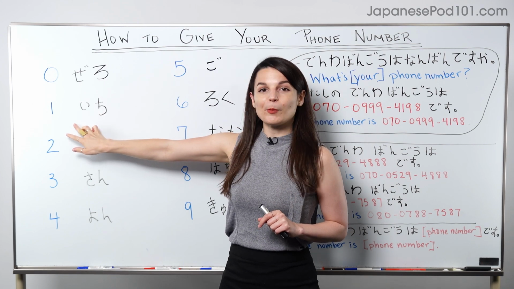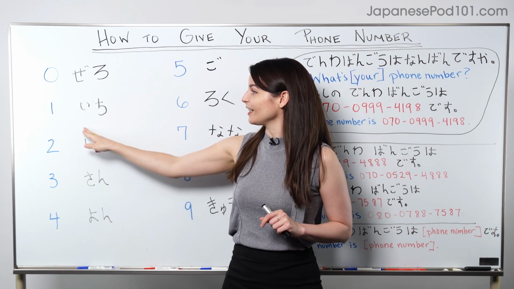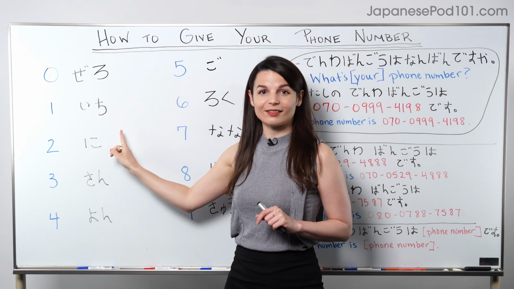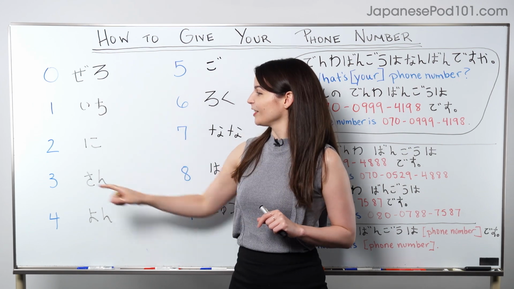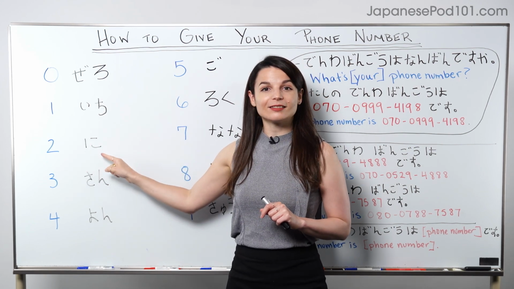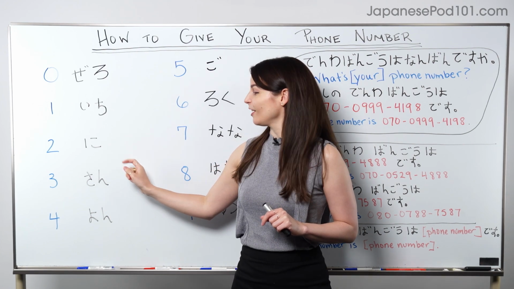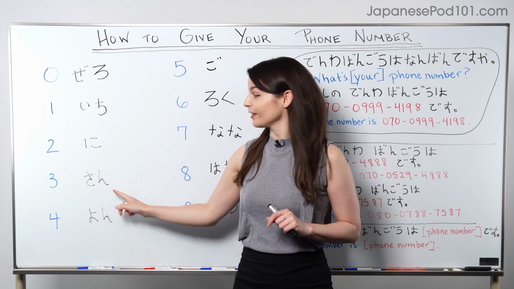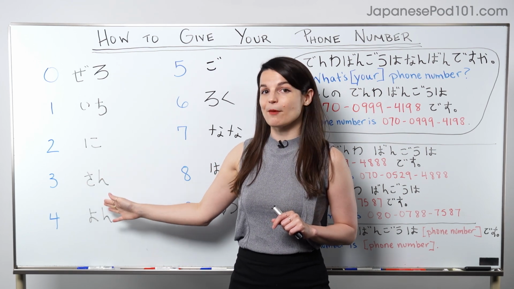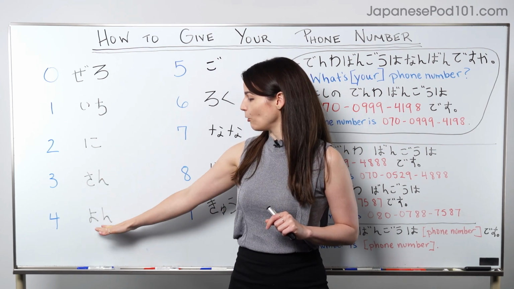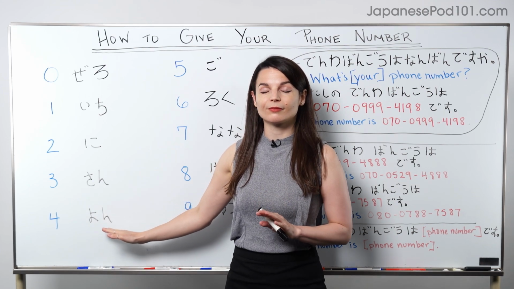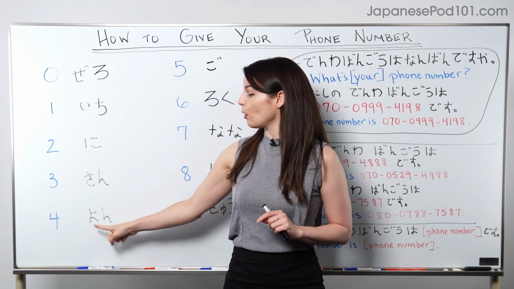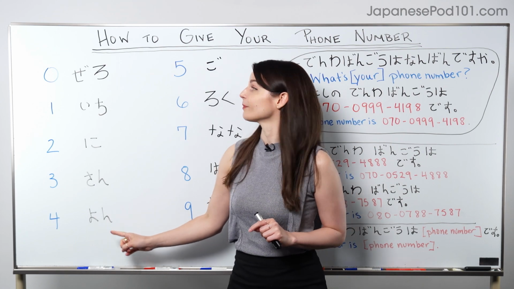Next is number one, ichi. Two is ni. Three is san. Four is yon.